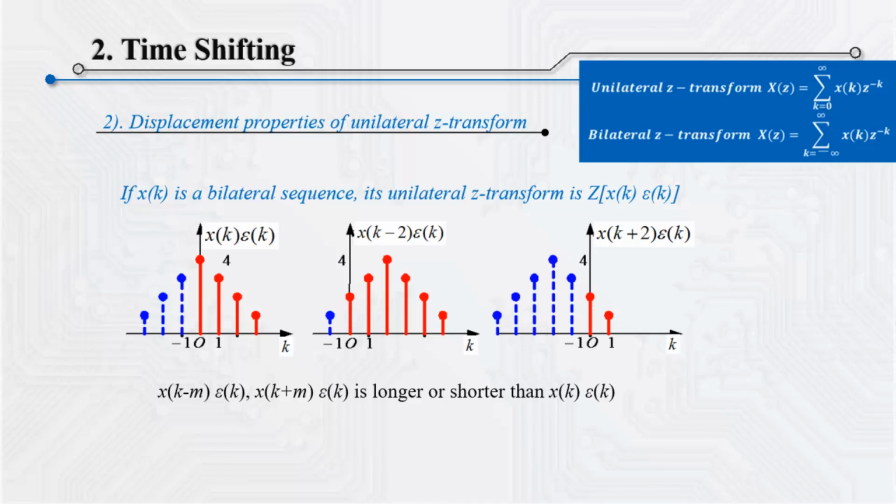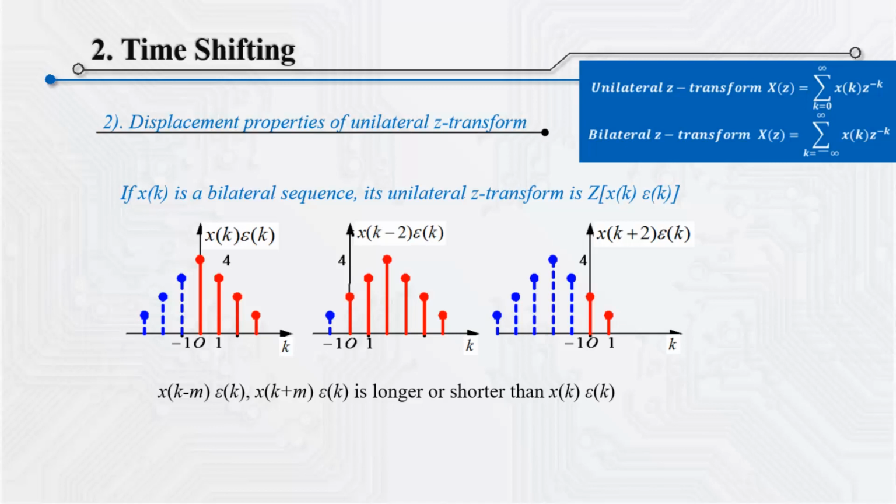Then after shifting this sequence, let's find the unilateral Z transform separately. As shown in the picture, you can see when the sequence moves right, then these two parts are the amount of new shift in.